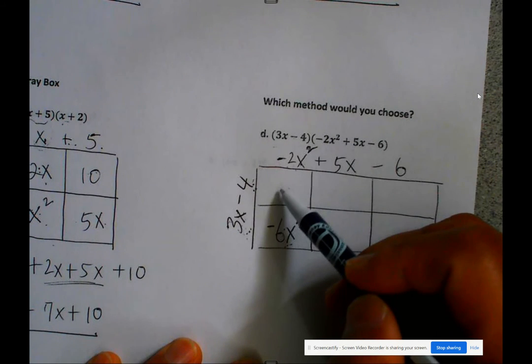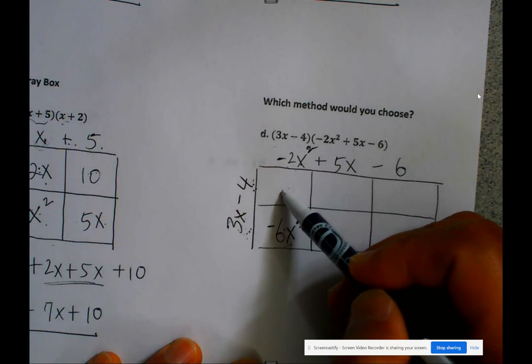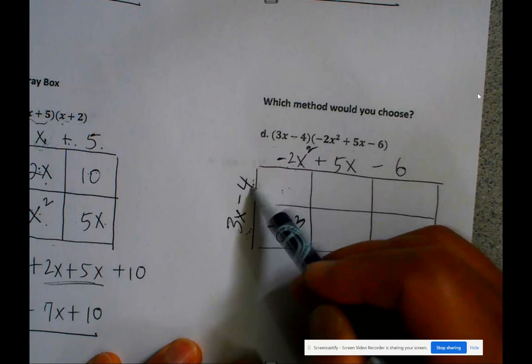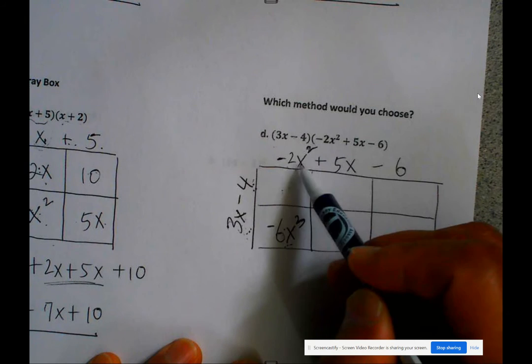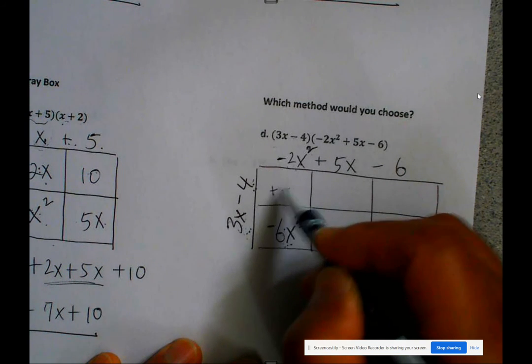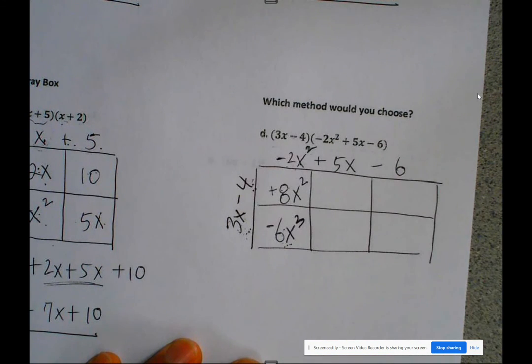Okay, so let's go to the next box, which is this one. Ariana, do you have this box? Okay, so for this box, it will be negative 4 times negative 2x squared will give you positive 8x squared. You see that?